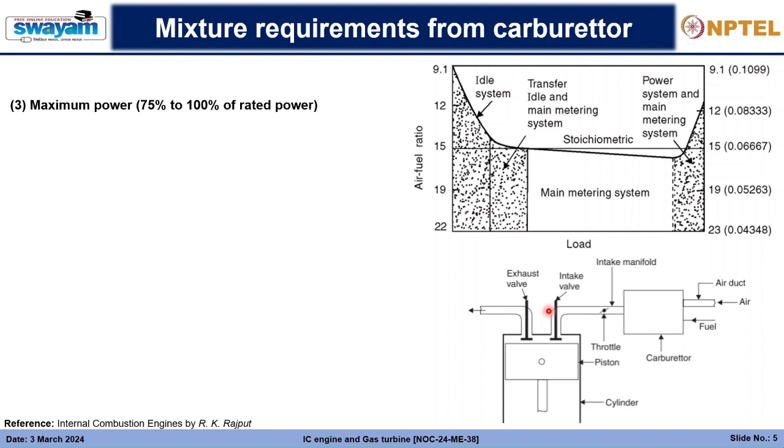So the maximum power conditions will be in this particular zone out here, right? We need a very huge amount of pressure or torque to be generated by the engine cylinder arrangement, and in that case obviously we will need a high amount of fuel.